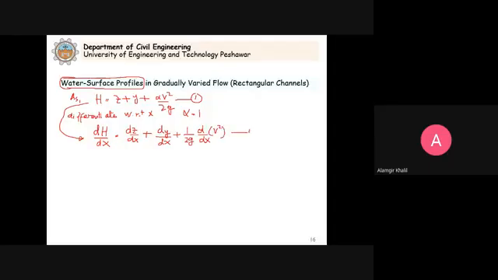Let's say this is equation number 2. Now in this equation number 2, you see the energy gradient that we defined, S. So we have the slope of the energy line, this energy gradient.